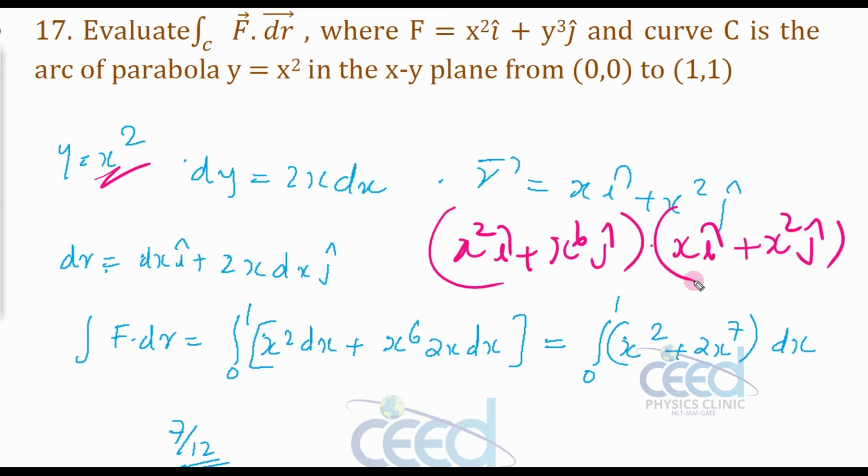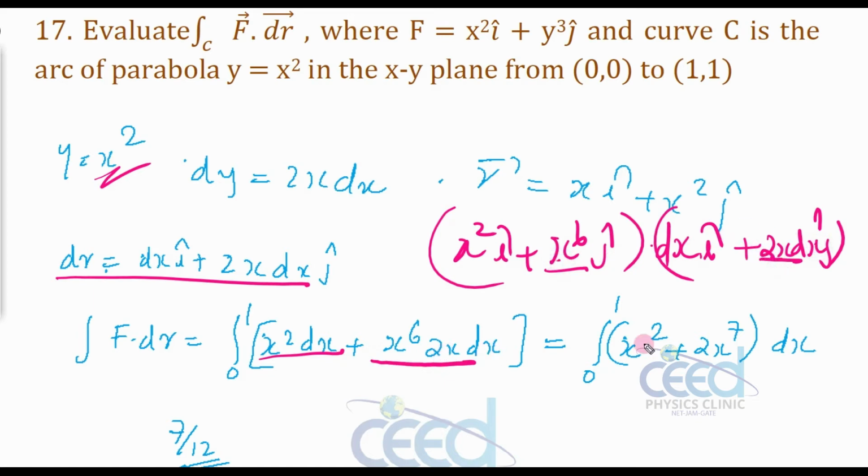So when I take the dot product, what I will get is x square into dx, that is x square dx, plus x raised to 6 into 2x dx, that is 2 into x raised to 7, since j dot j is 1.